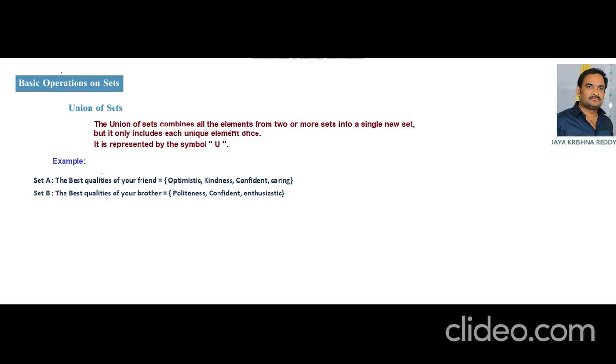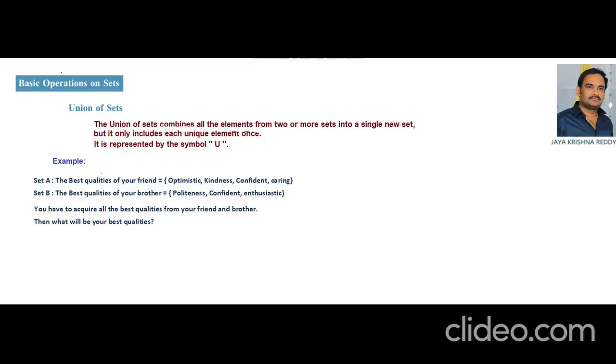What are the best qualities of your brother? Politeness, confident and enthusiastic. So these three qualities are the best qualities of your brother, and we are considering these three as the elements of set B. Here we have defined two sets, set A and set B, with the best qualities of your friend and your brother.